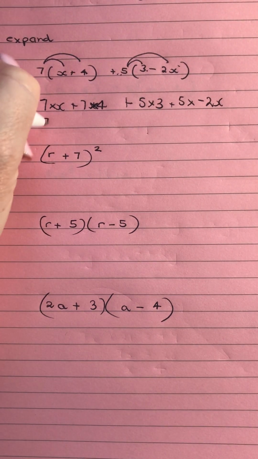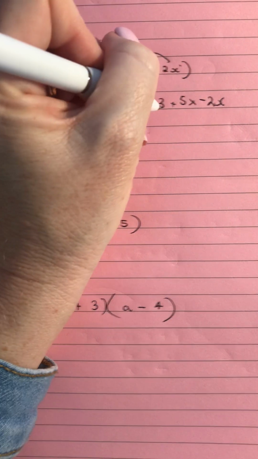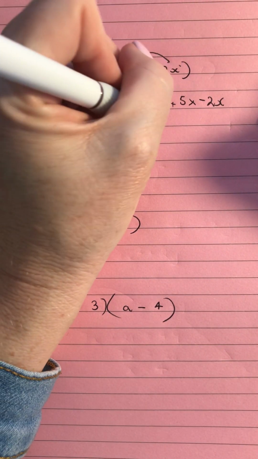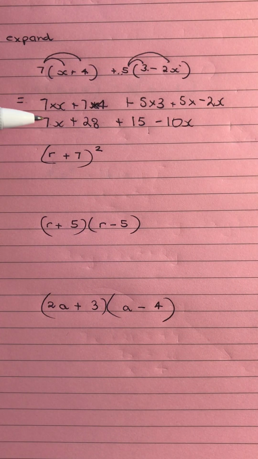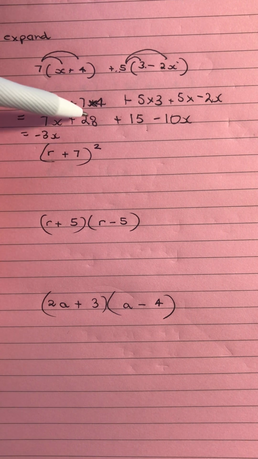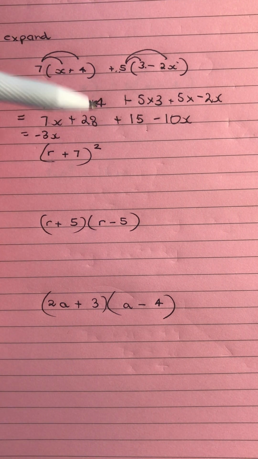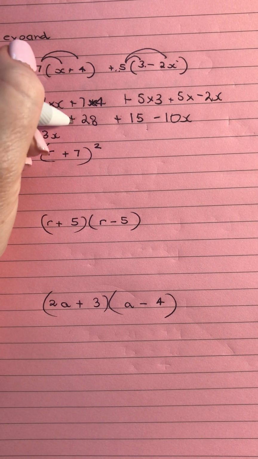So we get 7x plus 28 plus 15, and then we've got 5 times negative 2x will be minus 10x. So now we've got 7x take 10x is going to be minus 3x, and we've got 28 plus 15 is going to be, 28 plus 15 will be 43.